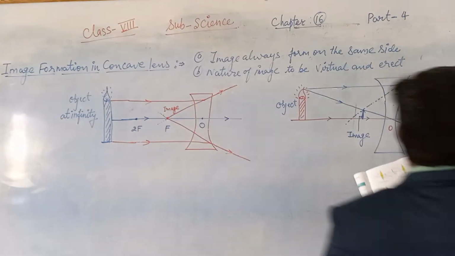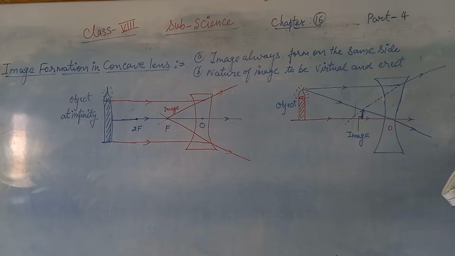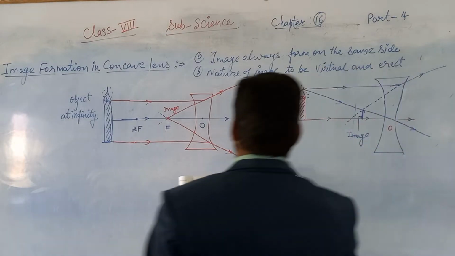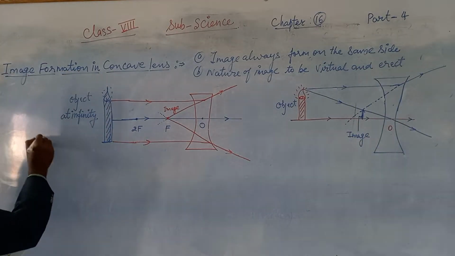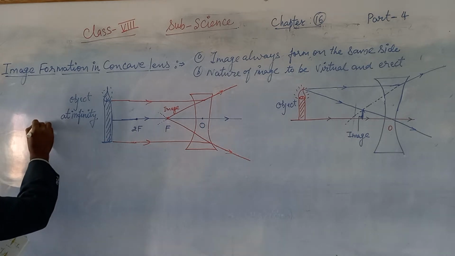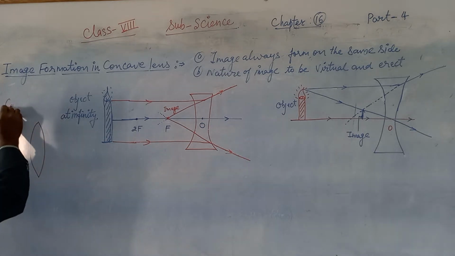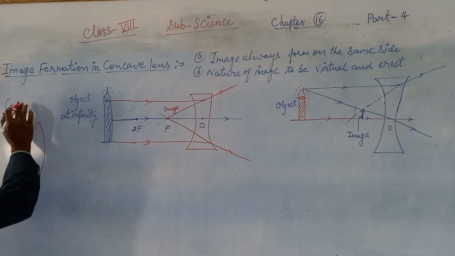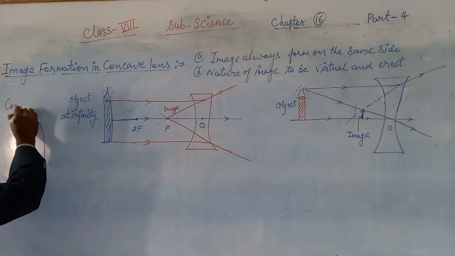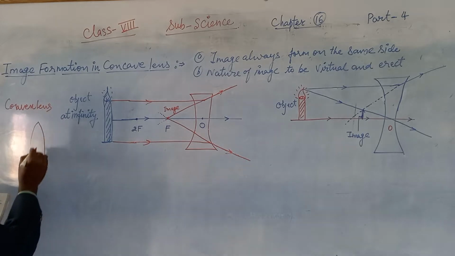If we draw the diagram of the convex lens, at the middle it becomes thicker and the edges become thinner.